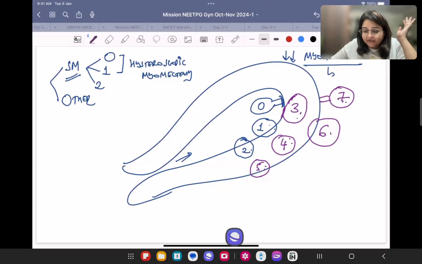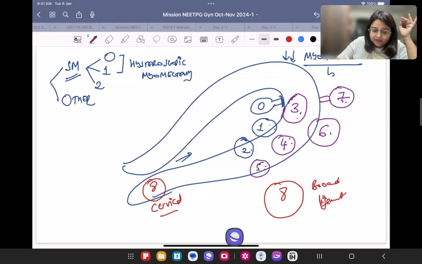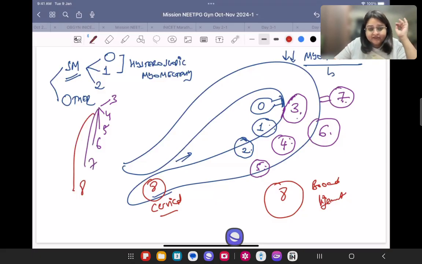Then you have one more type of fibroid, a type 8 fibroid. Type 8 fibroid is one in an unusual location, like a cervical fibroid or a broad ligament fibroid or some other unusual location. So in others, you have 3, 4, 5, 6, 7, and 8.